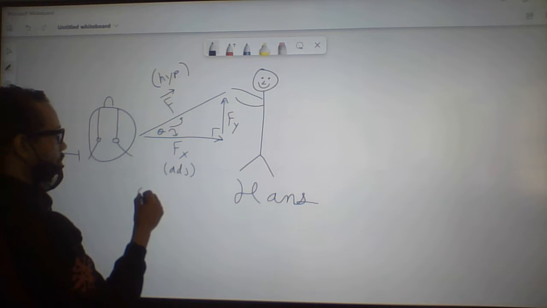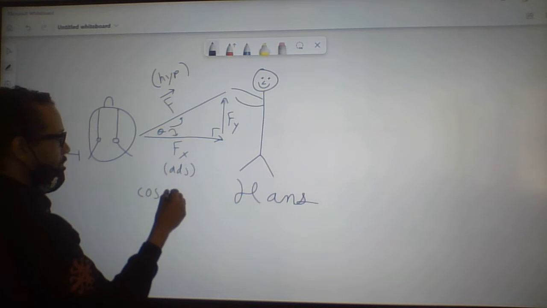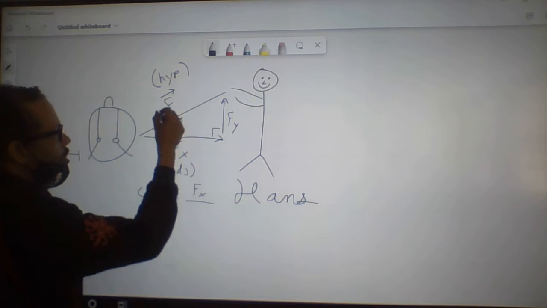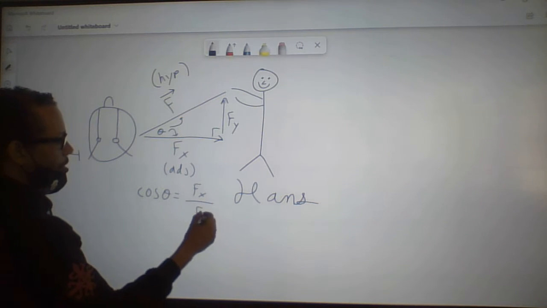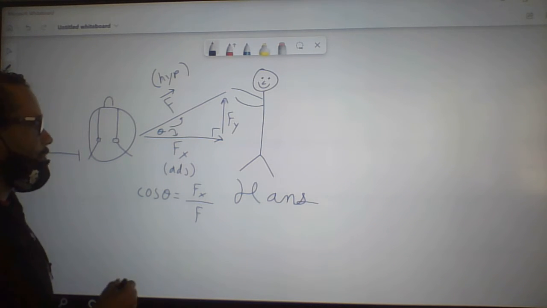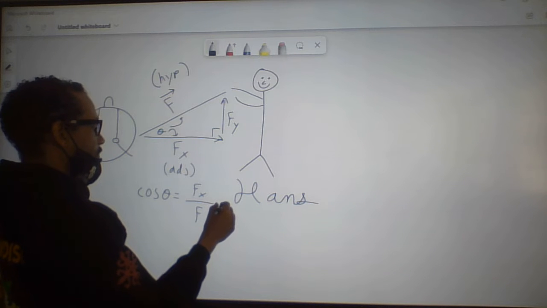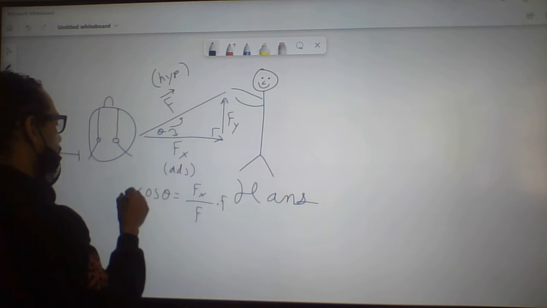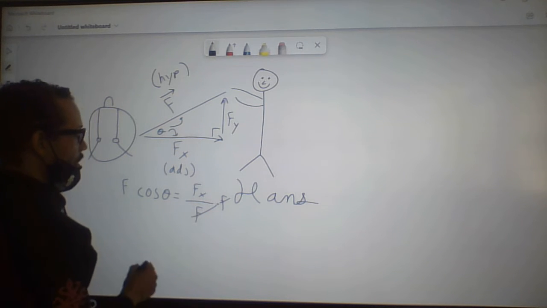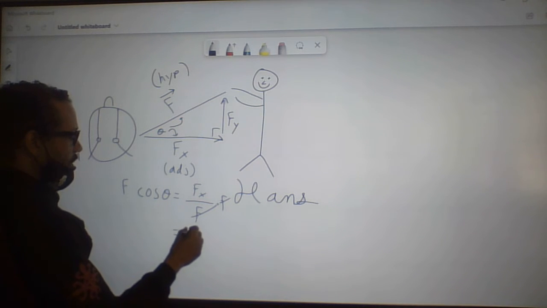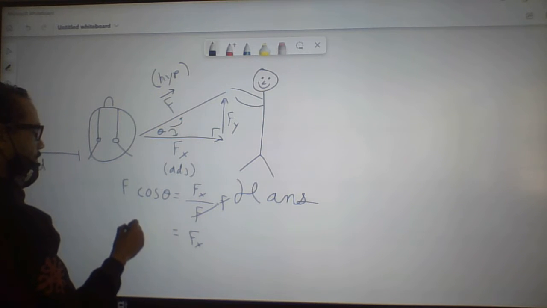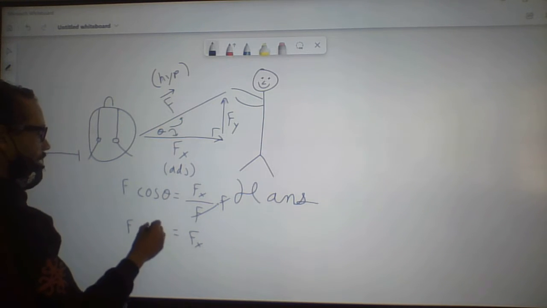So cosine theta is equal to adjacent, F of x, over my hypotenuse, F. If I want F of x by itself, I can multiply this side by F, and I also need to multiply the other side by F, cancel, cancel. And then I'm left with F x, my force in the x direction, which is equal to F cosine theta.